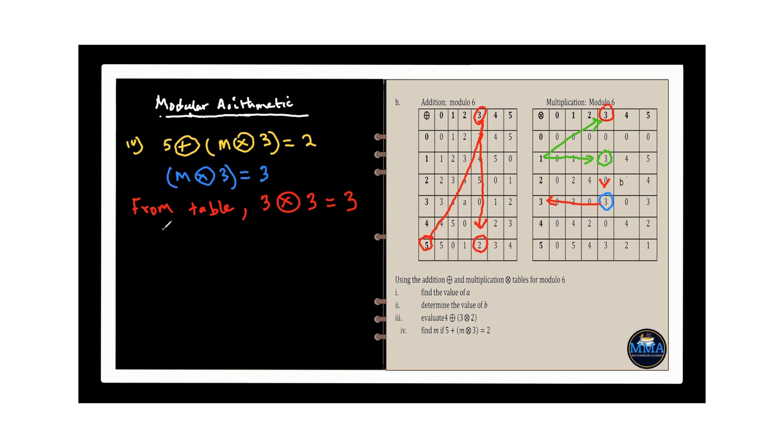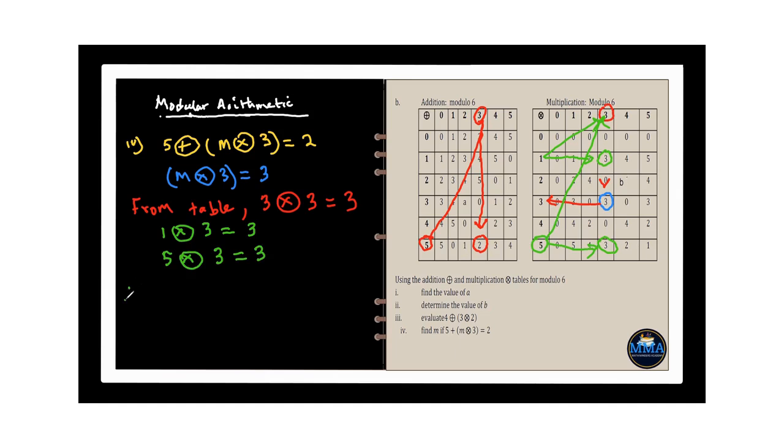We have also seen from the table that 1 times 3 is 3. Again, look at another one here. So we also see that 5 times 3 gives us 3.